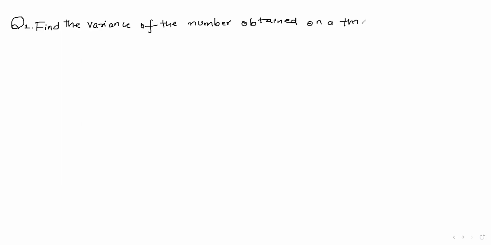Now please try this question. Find the variance of the number obtained on a throw of an unbiased die.